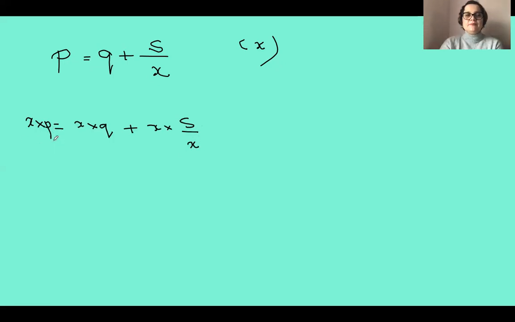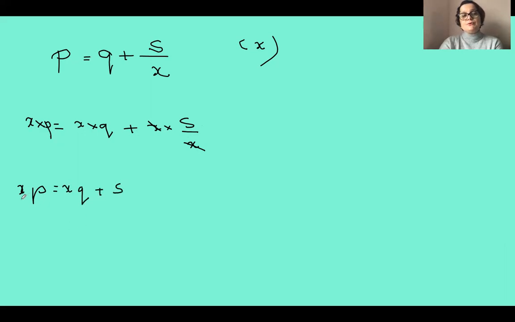So x multiplies every single term of the equation on both sides. And I can see the x's here. They can be canceled out. So I'm going to have xp equals xq plus s.